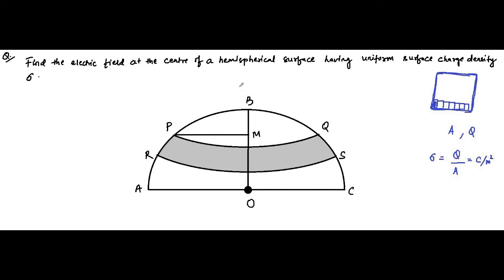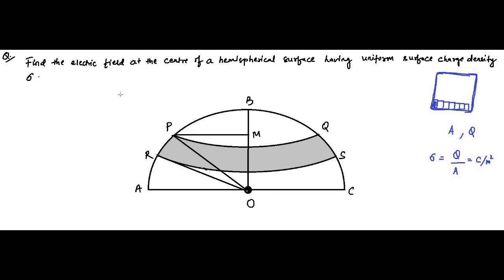So the electric field intensity due to this ring: we pick the lower and upper ends of the ring, and connect them here, from this point to this point and this point to this point.